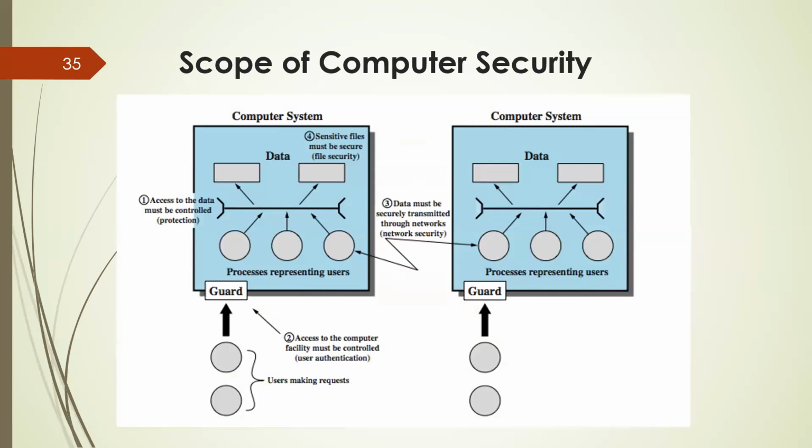In any secure environment, this diagram shows us two computer systems sending information from one person A to another person B. Let us look at some of the key core things we need to consider. Number one, you should know who has access to the data because it should be in a controlled environment.